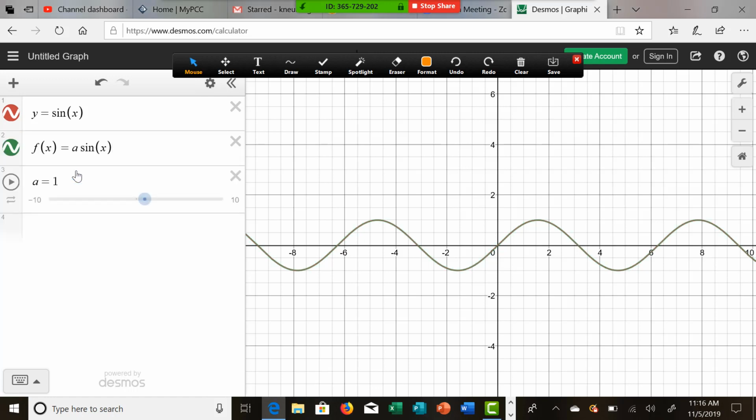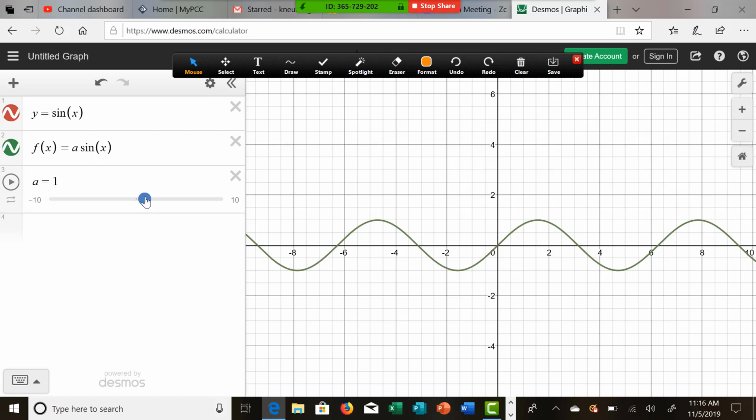So I'm going to make a slider for a. Right now, notice that this is green, and green just covered up our red graph. And that's because a is 1, and when you take 1 and multiply it by sine of x, you get sine of x.